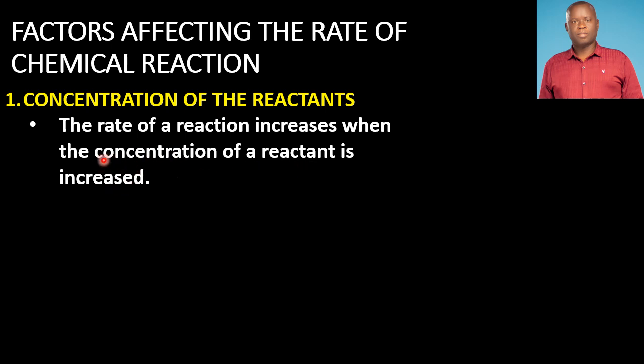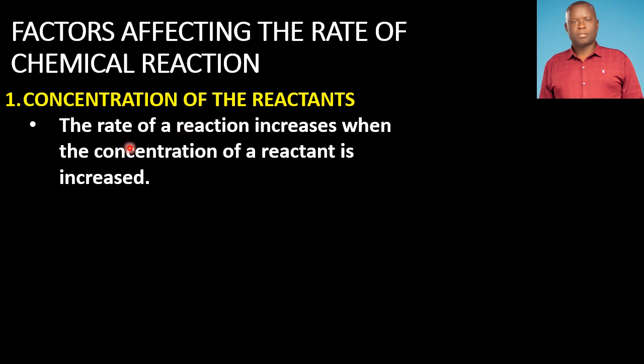In other words, if you increase the number of particles of the reacting substances, the reaction will increase. But why does it increase? That's what we need to explain. Why does the speed of a chemical reaction increase when we increase the number of particles of the reactants? Why do you think that is the case?